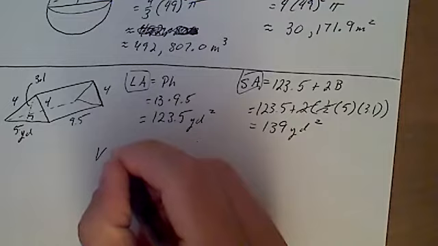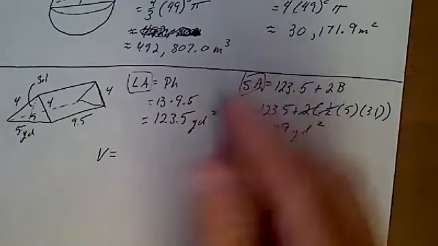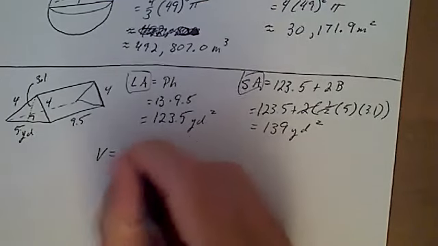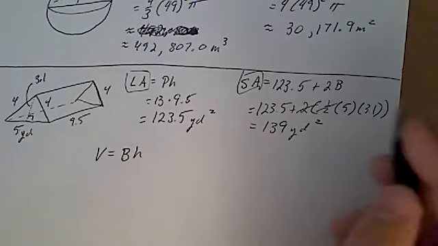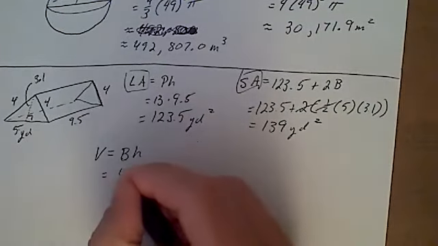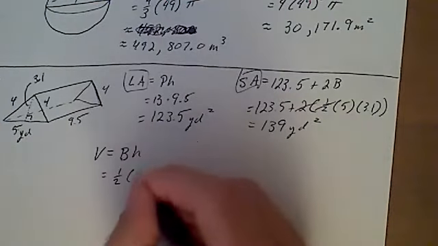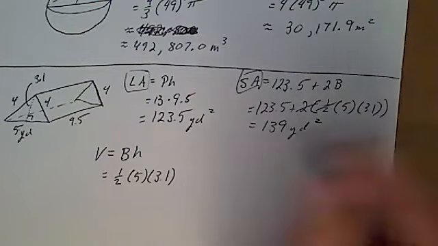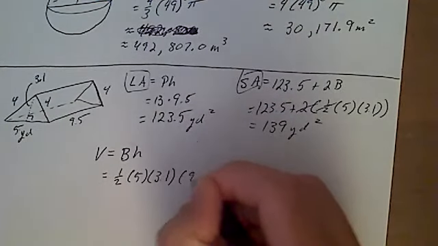What if we wanted the volume of this figure? That would be the base, the area of the base times the height. The area of the base is 1/2 the base times the height. That's 5 times 3.1 times our height, 9.5.